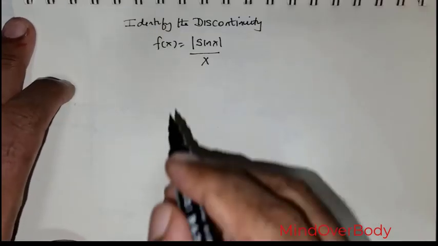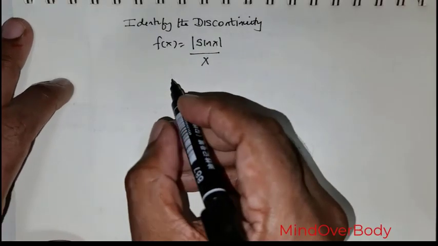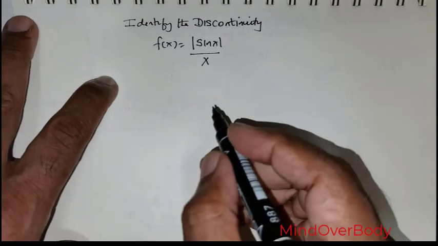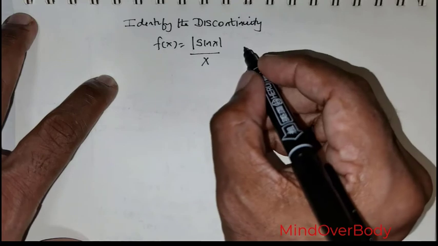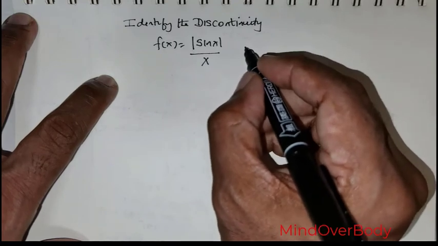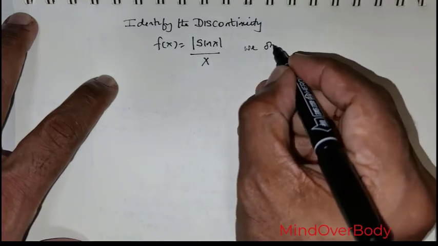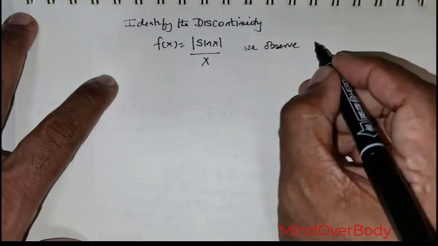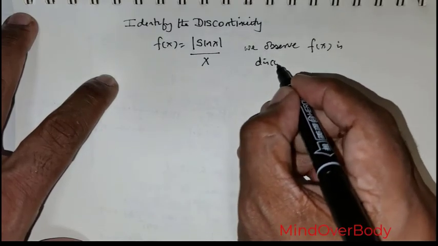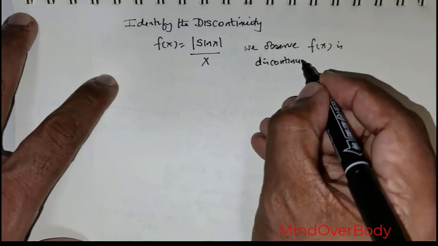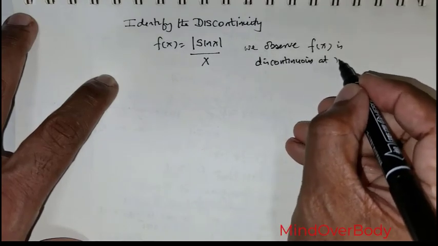Students, we are given this question. We are expected to identify the discontinuity for this particular function. So clearly we can see that the function is discontinuous at x is equal to 0. We observe that f of x is discontinuous at x is equal to 0.